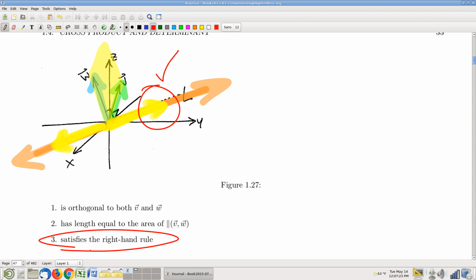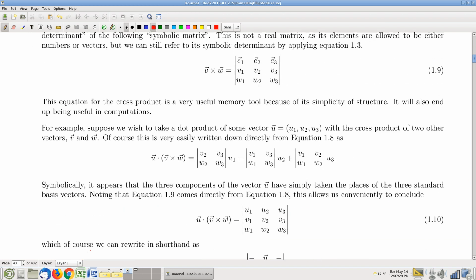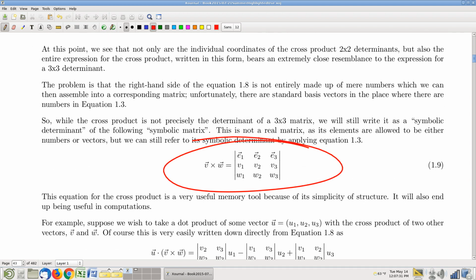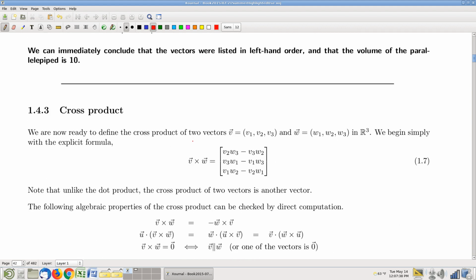Okay, so it's time to quit. Let me just have 2 seconds. I want to say that this formula we wrote down for the cross product, we pulled out of thin air. It's algebraically arbitrary, so it seems it's just algebra.